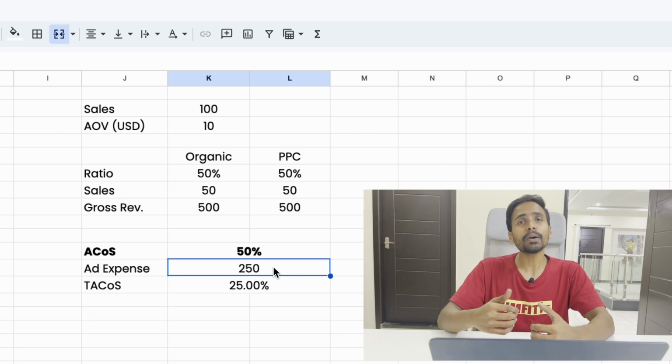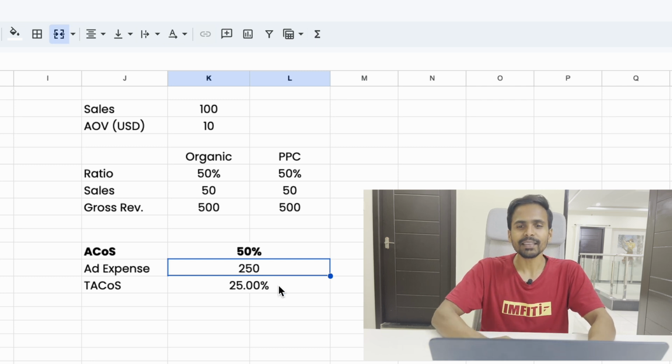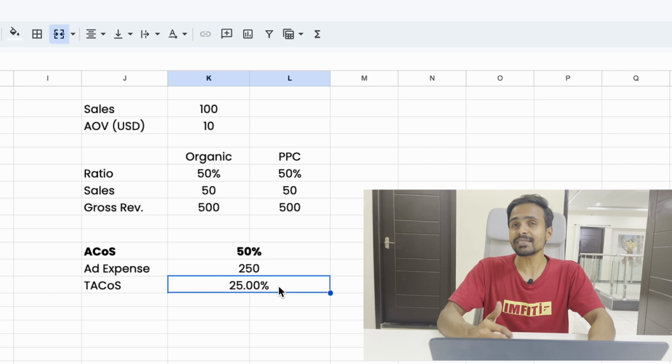So here my overall revenue is $1,000, whereas my total spend is just $250. When I divide 250 by 1000, that becomes 25%. In this scenario, my TACoS is 25%. Now remember, my gross margin is 40% and my TACoS is 25%, which means I have a margin of 15%, assuming I have zero returns.